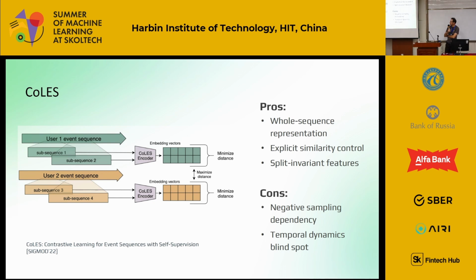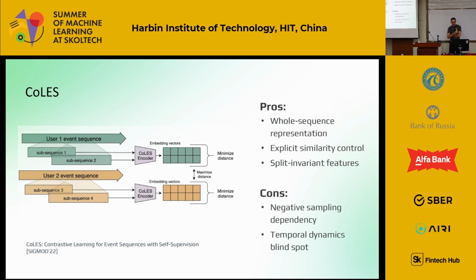We have sequences from different clients, and we make random subsequences from them. We encode them with some network. It can be a recurrent layer or a transformer or anything, and the embeddings after this encoder should be closer for sequences from the same client, and should be different for different clients.